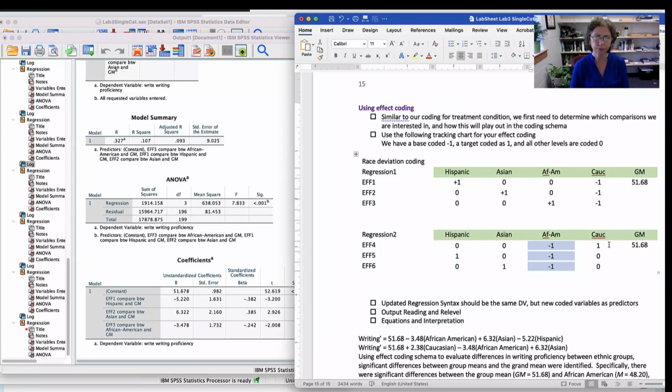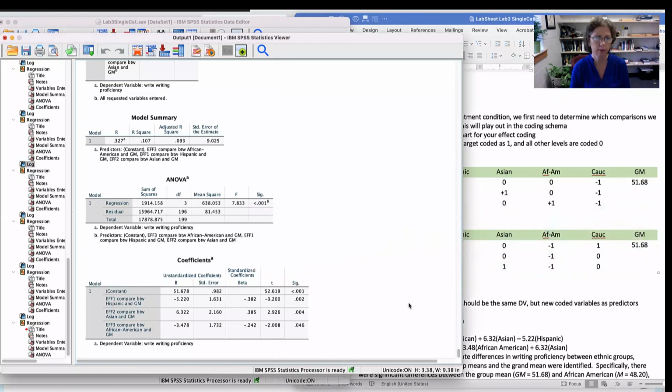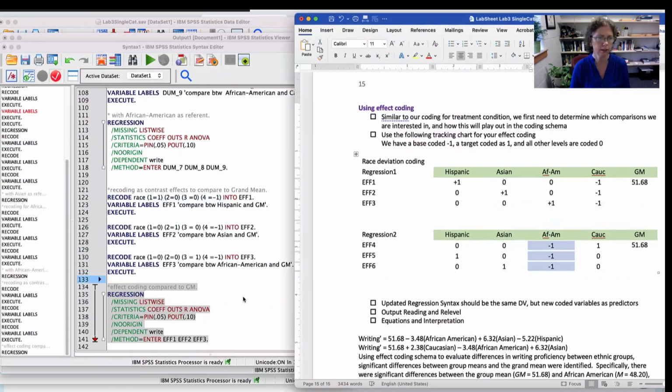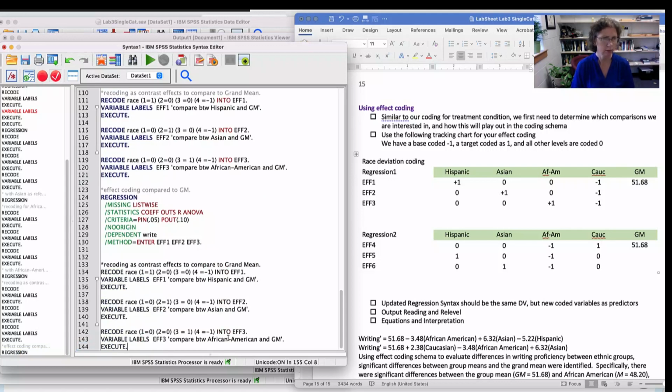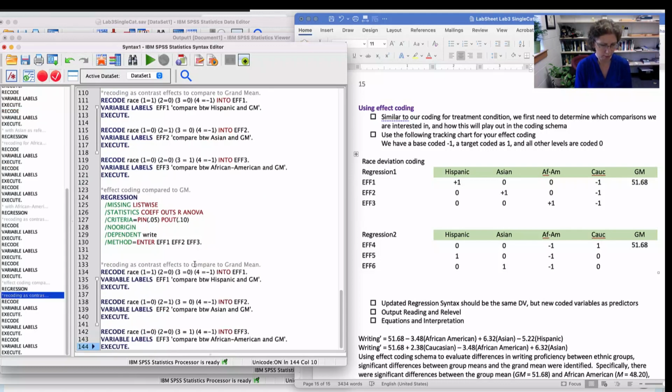So F4 will be Caucasian, and then Hispanic and Asian will be 5 and 6, with African American as the base. I'm going to go back to the syntax and grab the recoding to get Caucasian.